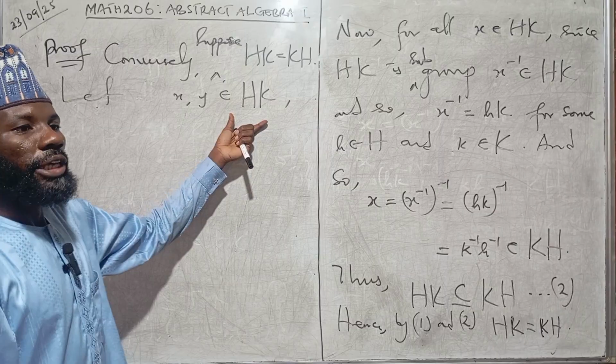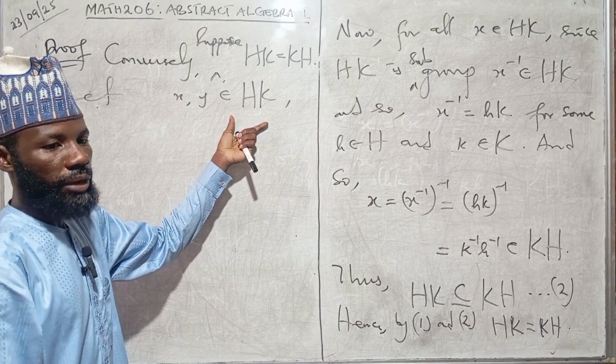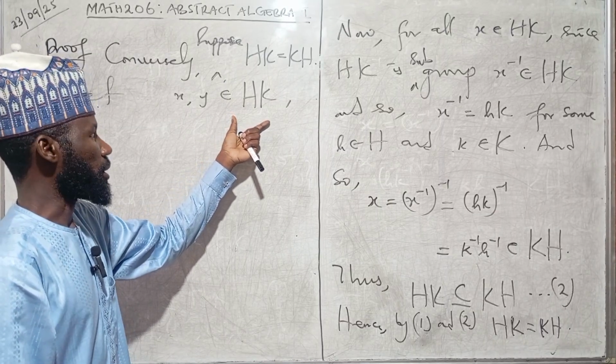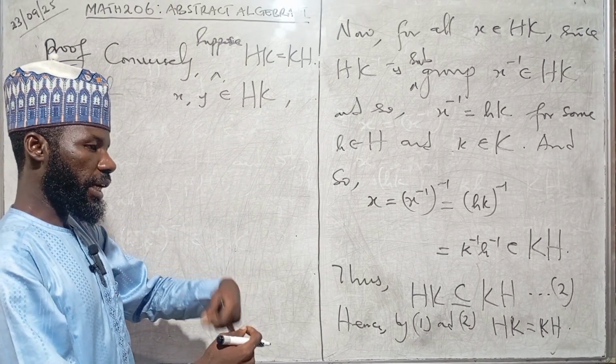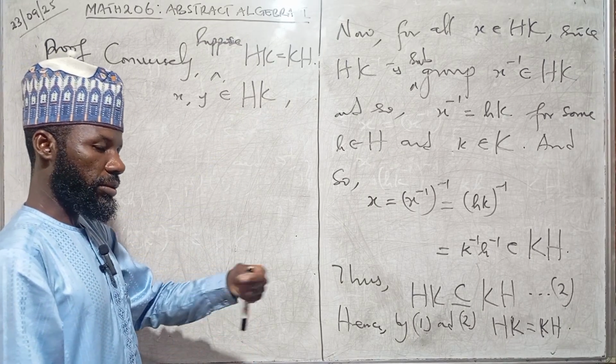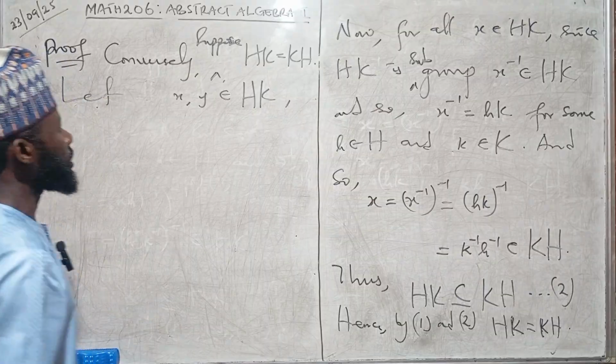So we want to show that HK is closed under what? The binary operation. If it is closed under the binary operation, we also show that it's closed under inverse. These are the conditions, the necessary and sufficient condition.